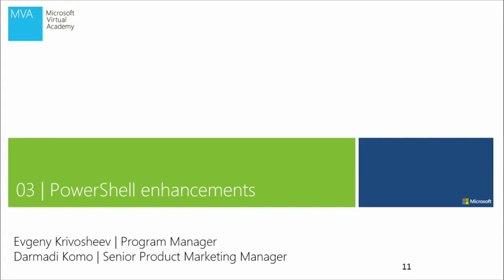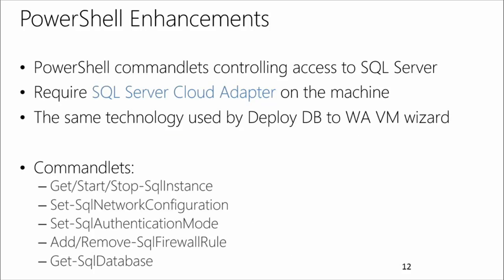Right. So here I would like to touch a little bit on what we have deployed for SQL Server 2014 in terms of PowerShell enhancements. We added a few new PowerShell commandlets that allow you to control access to the SQL Server instance.